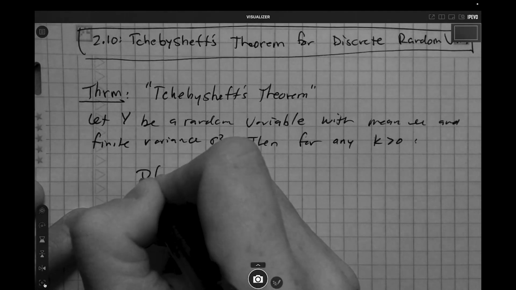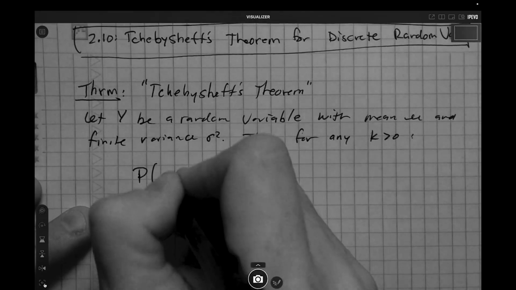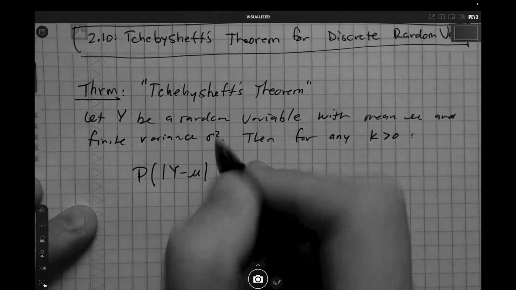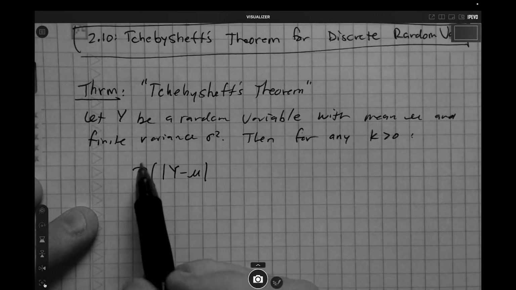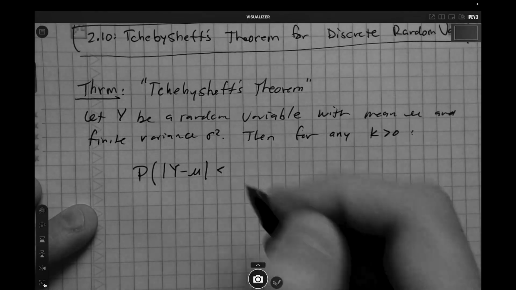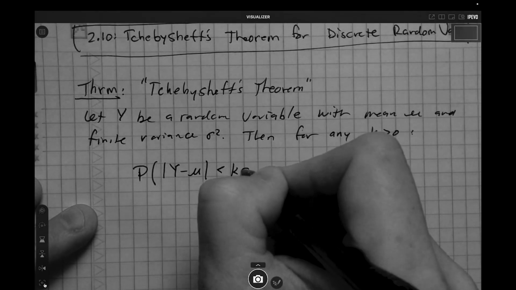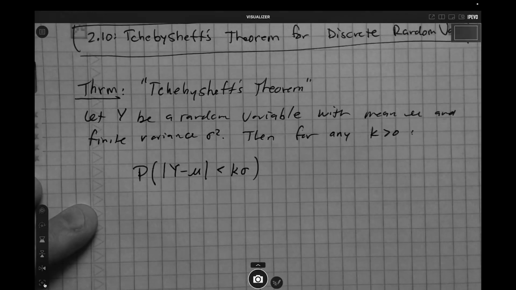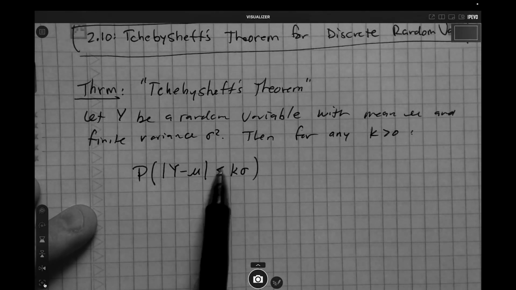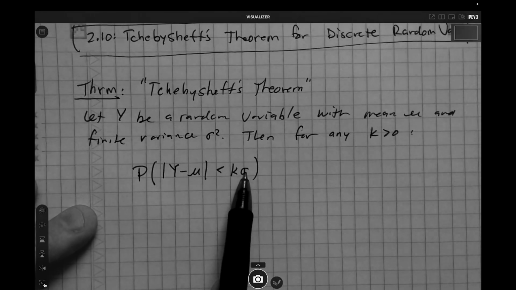The first way is to say that the probability that the distance between the random variable Y and the mean, that's all that is, the distance function, the probability that |Y minus mu| is less than k times the standard deviation sigma. All right, so here you've got the distance between the random variable and the mean is less than k times sigma.